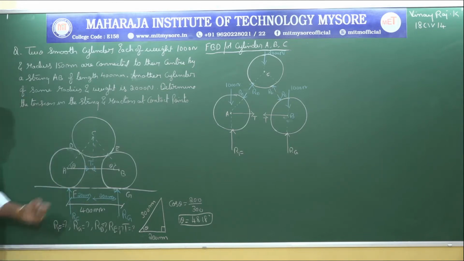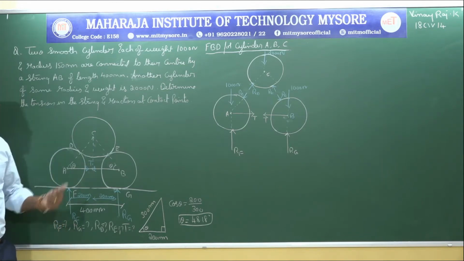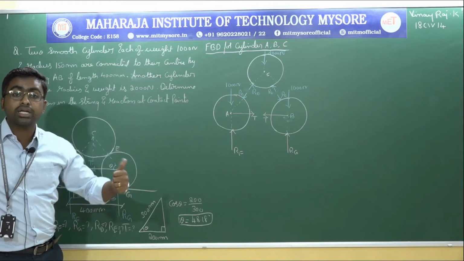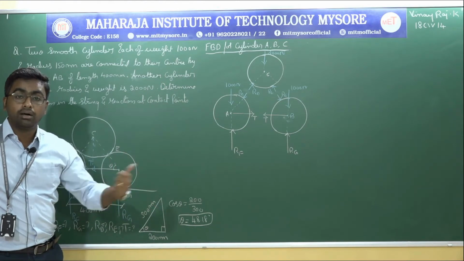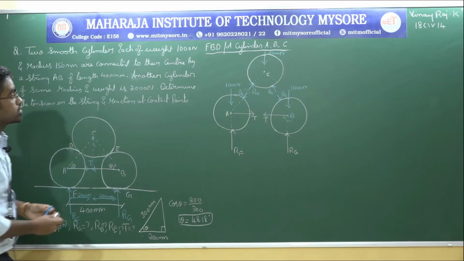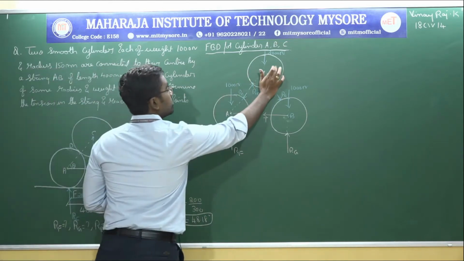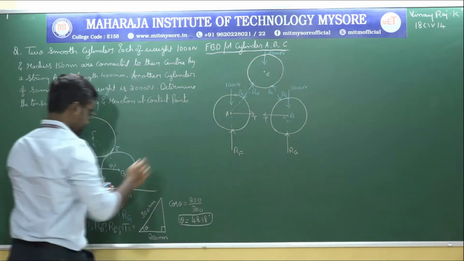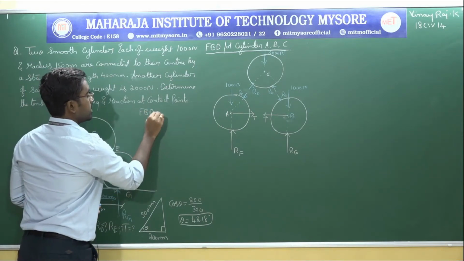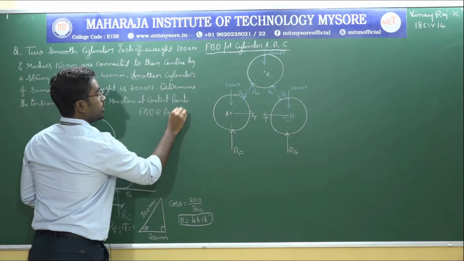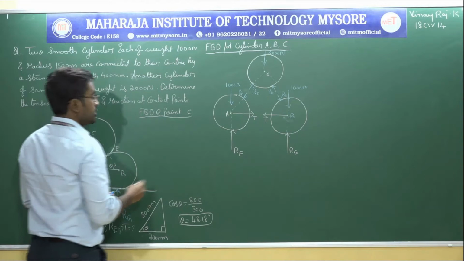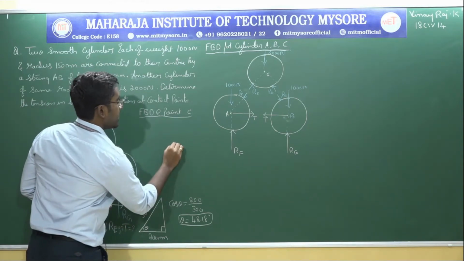Next, after getting the theta value, now I need to write the free body diagram separately for each cylinder so that easily I can apply the conditions, right? Now, so let me write the free body diagram. So first I am going to write the free body diagram for the cylinder C. So free body diagram at point C or for cylinder C. So this is the point C here.